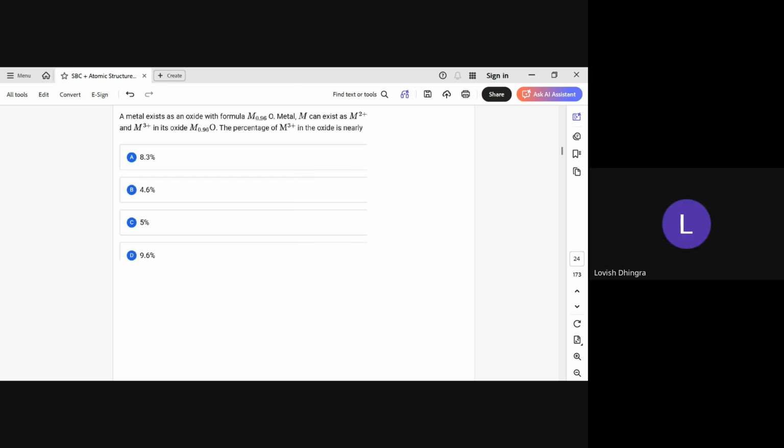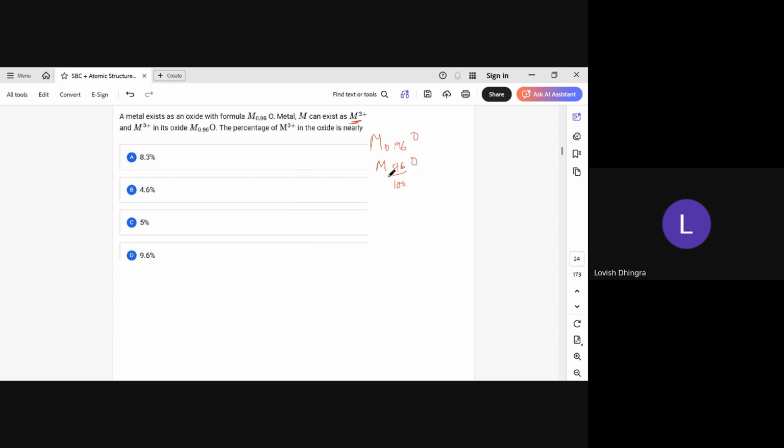Okay. So basically, see, the metal is existing in an oxide. The metal oxide you have here is M0.96 oxygen, that is M0.96O. And this metal is existing in two oxidation states, M2+ and M3+. What I can do is write it as 96 by 100 M and O as it is.